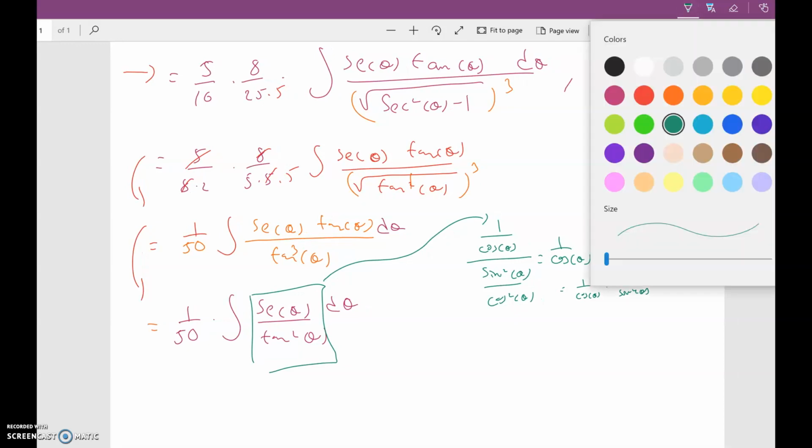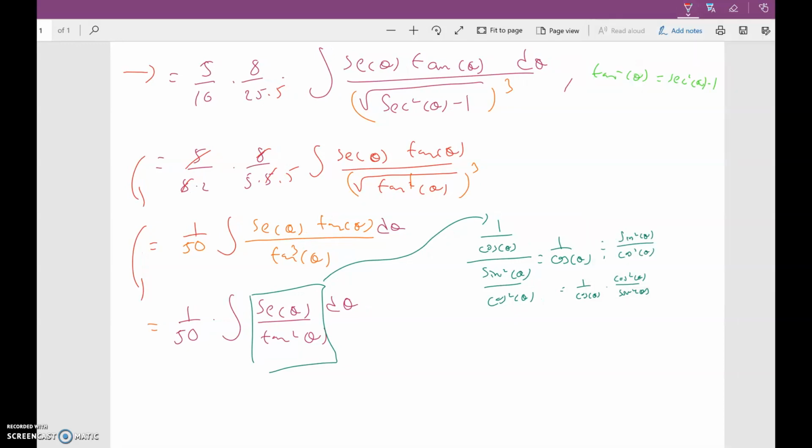And going this route, we can technically cancel this cosine with one of those. So let me just rewrite it. And this is equal to a cosine of theta times 1 over sine squared of theta.